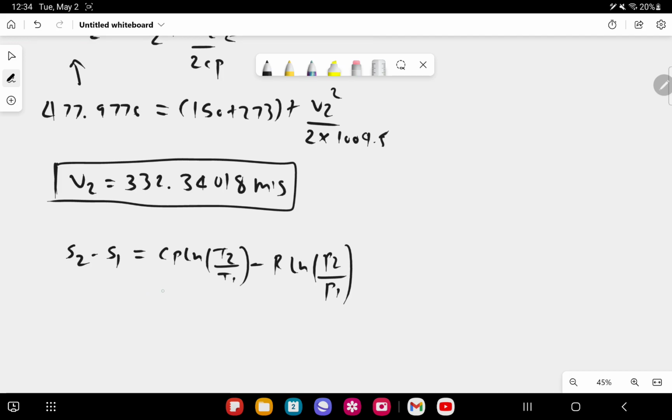Now we know the values of Cp, T2, T1, R, P2 and P1. So let's substitute all known values into this equation in order to calculate the change in entropy.